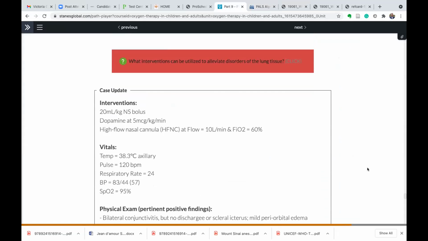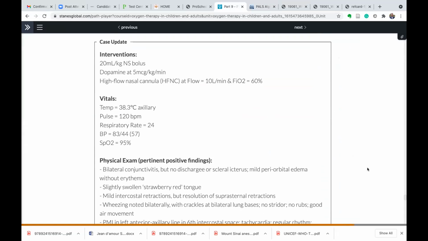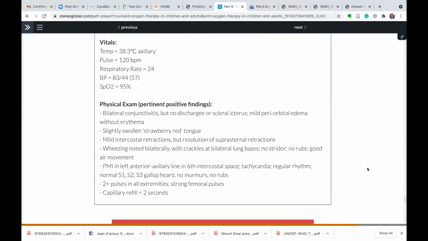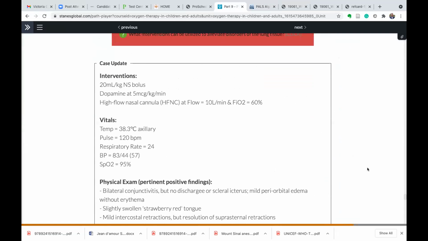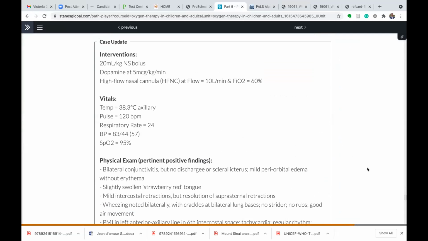So let's see the update of our patient and conclude our discussion by the diagnosis of our patient. So you have already given 20 mL per kg of normal saline. You have given dopamine 5 microgram per kg per minute, and you changed your oxygen delivery to high flow nasal cannula, as we have discussed previously.